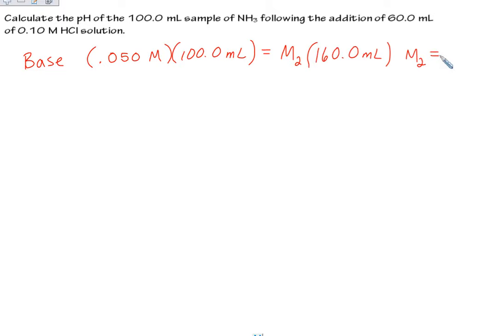M2. Let's see. If we go like 2 sig figs maybe. How about 0.031? Yeah, that's good enough. And then I do the same thing with the acid. The acid. 0.1 originally. 60 milliliters original volume, 60.0.